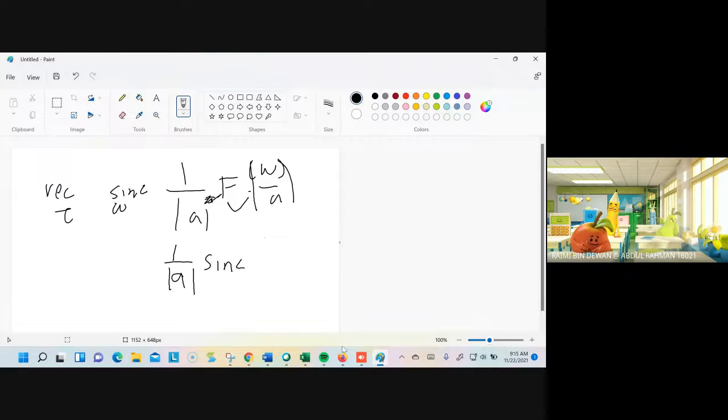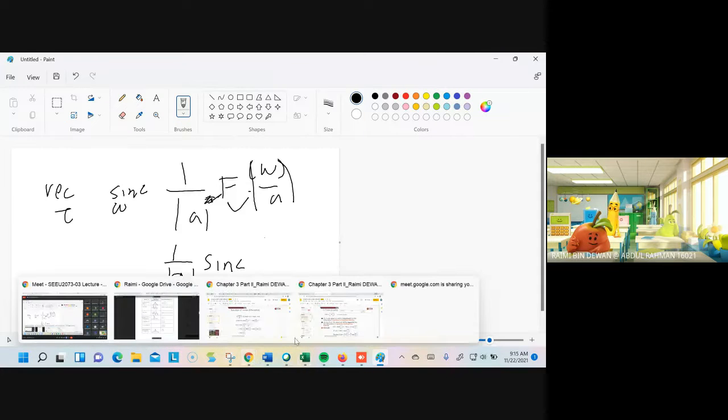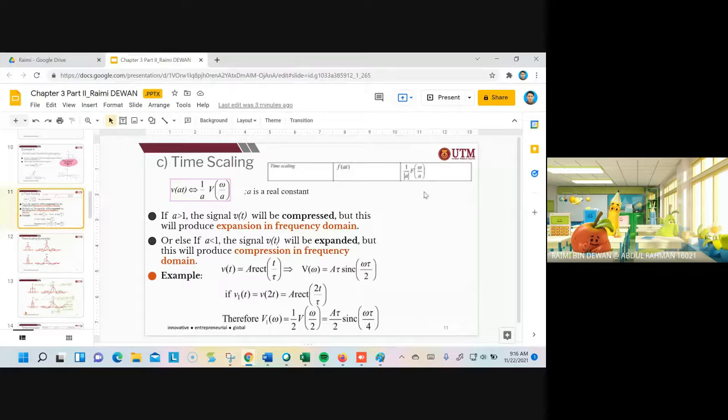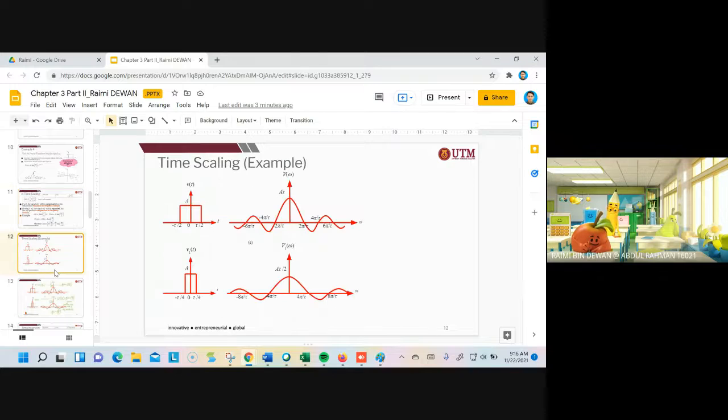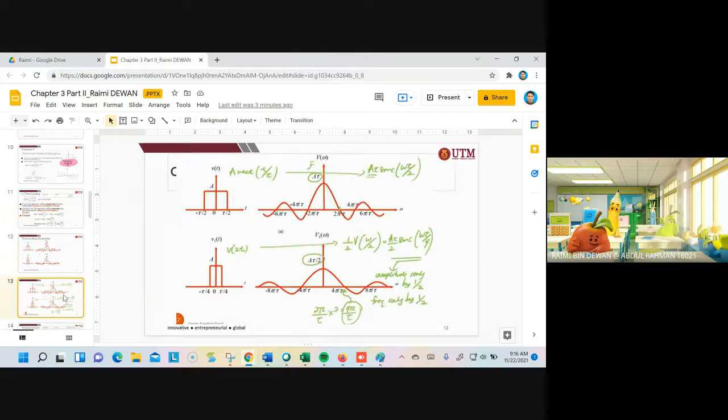From the question, you see there will be changes inside, like omega tau, but the function is still the same. The function is still sinc, because that is the Fourier transform output in terms of a sinc signal.